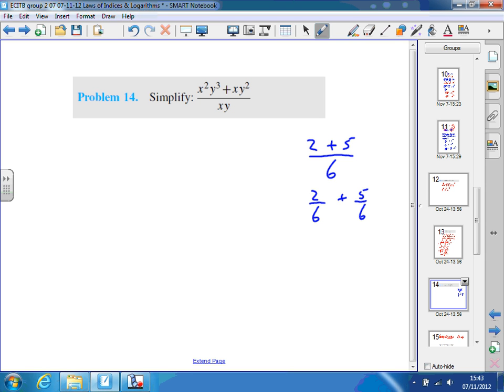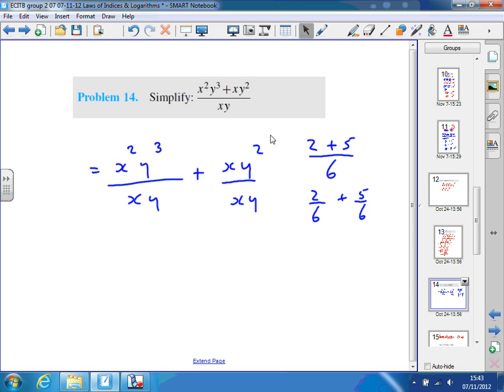I can split the numerator and write each part of the numerator over the denominator. I'll do that here. So I rewrite this as x squared y cubed over xy plus xy squared over xy. I split that numerator and then write each part over the bottom, or the denominator.